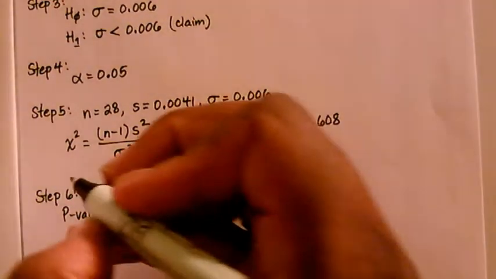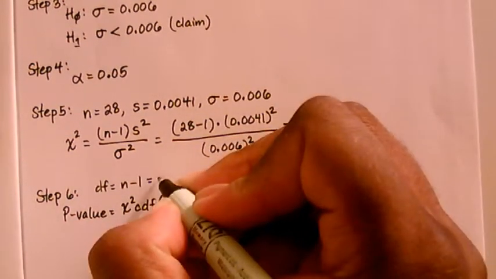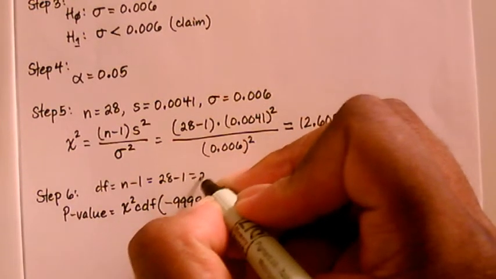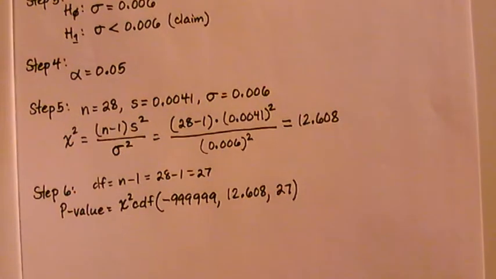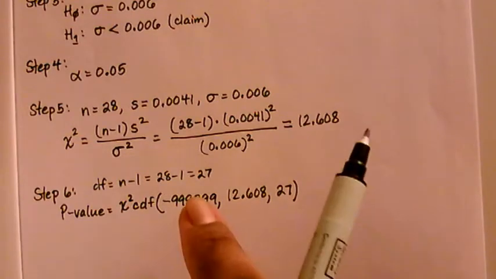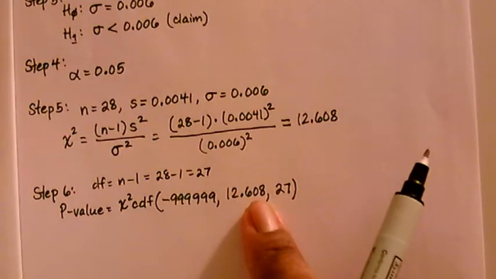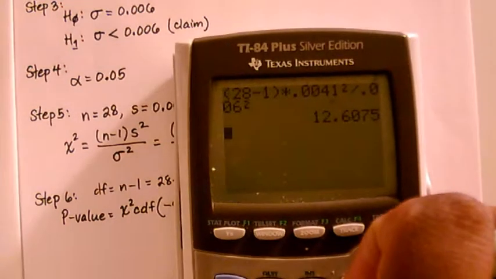Now, for my degrees of freedom, that's n minus 1. Well, n is 28, so 28 minus 1 will be 27. So my degrees of freedom will be 27. Now again, for those of you who have the newer version of the TI-84 Plus calculator, you have to enter this, then press enter, the test statistic, then enter, then your degrees of freedom, and then enter for your chi-square CDF.